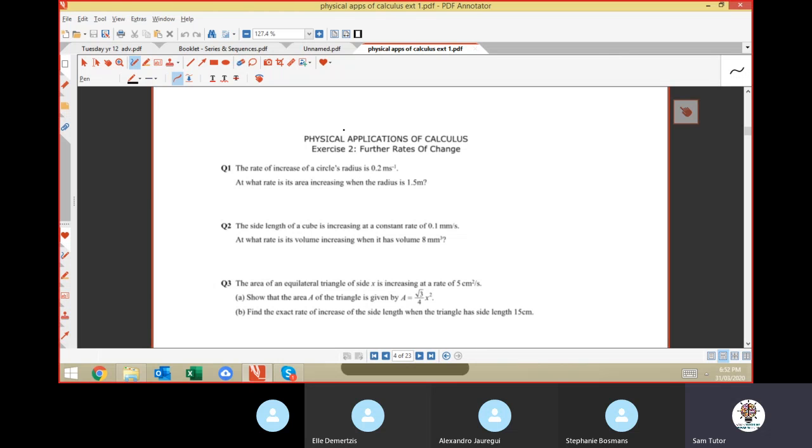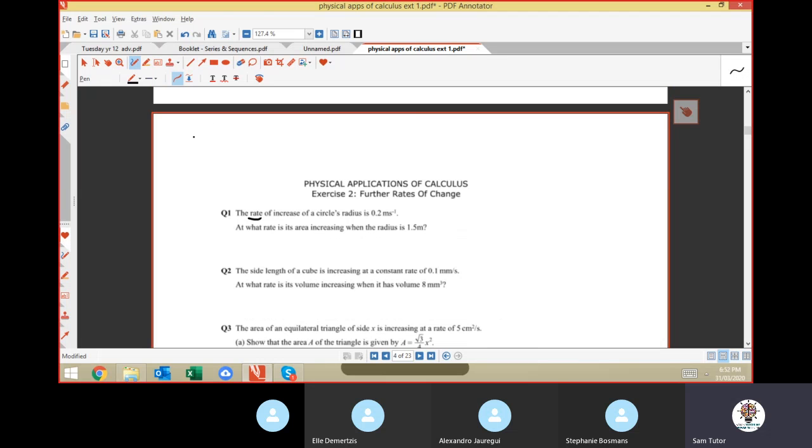Ezra, the first thing you need to know is that a rate is just differentiation, right? So it's just dy on dx. If it's going to be a rate, it usually is going to be in terms of t, so it will be like dx on dt or dv on dt.